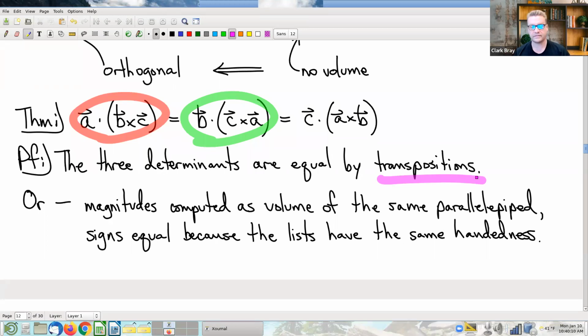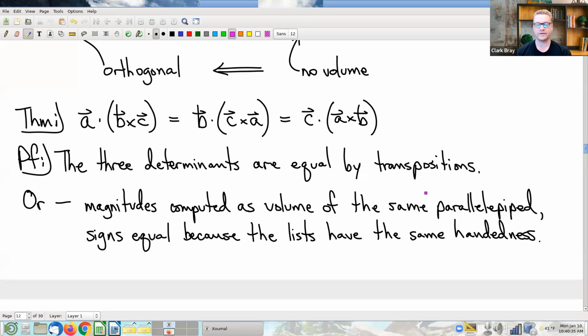And in fact, if you count how many transpositions have to happen to turn this one into that one, it's exactly 2. So you can turn the red matrix into the green matrix by way of 2 transpositions, which gives you 2 minus signs, and therefore nothing happens. So these triple products are the same because the determinants are the same.